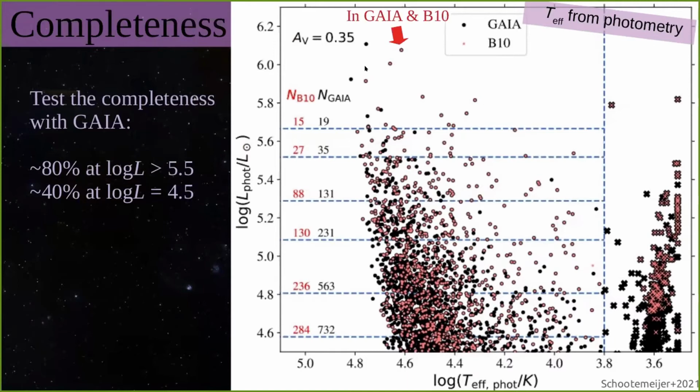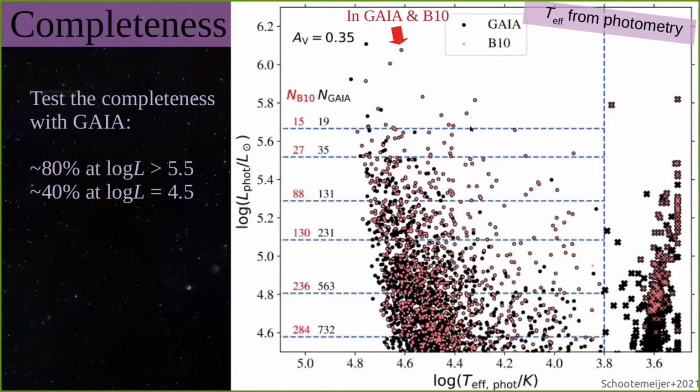So, for example, a black dot is a source that is only in the Gaia catalog, and a red dot with a black edge is a source that is both in the Gaia and the B10 catalog, which is the backbone of this work. We just count the sources in different luminosity intervals that are separated by the dashed lines.